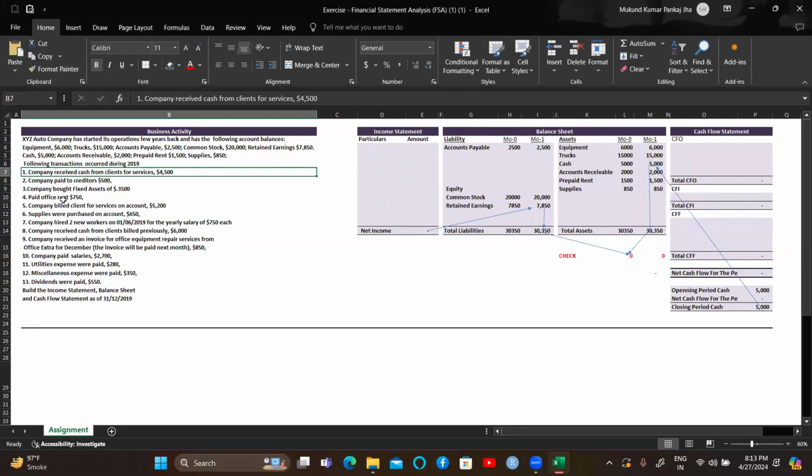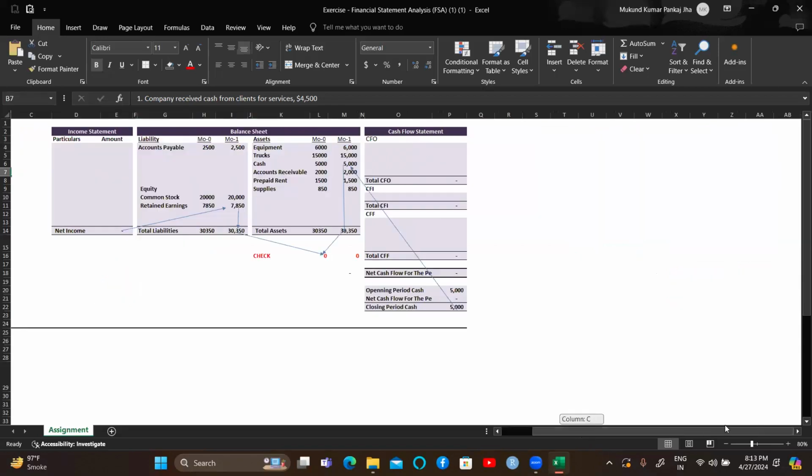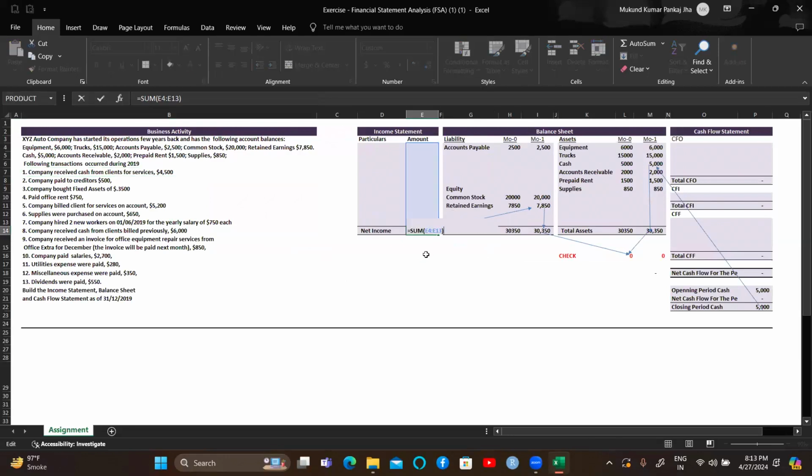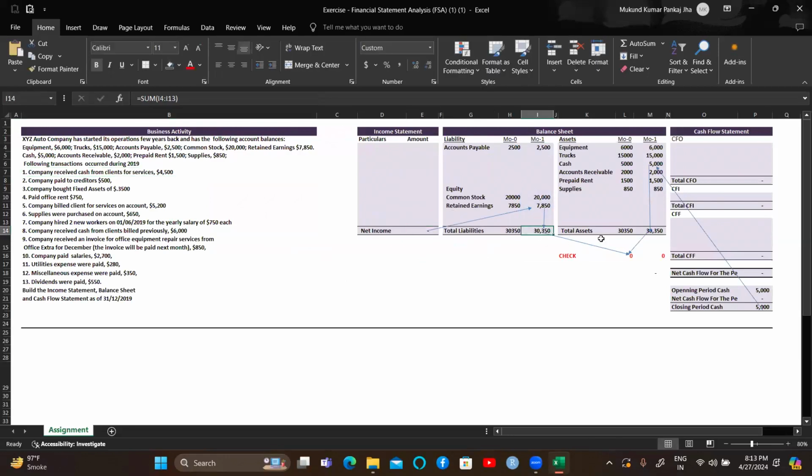Company received cash from clients for services 4,500. Okay. So Apurv, we have made this to balance each and every item after every transaction.